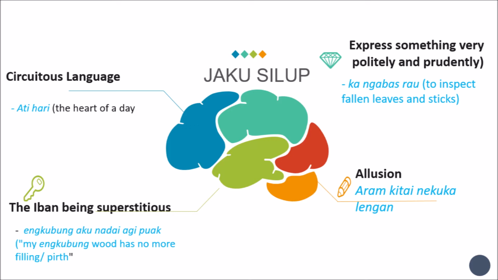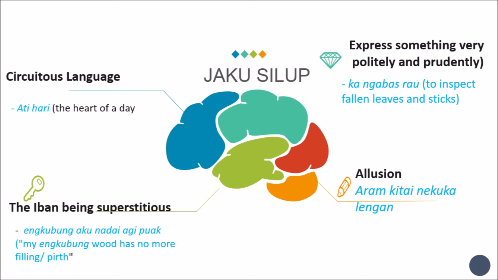So in other words, Jaku Silup is actually a circuitous language, right? For example, the heart of a day. The heart of a day in Iban means a person who is not easily read; it is not easy to see the attitude or the mood of a person.